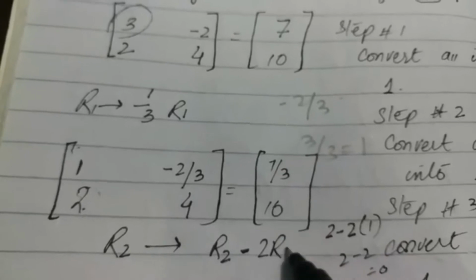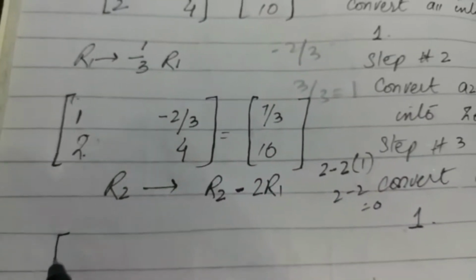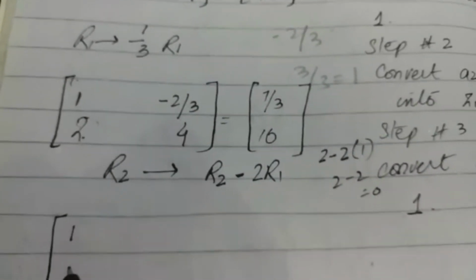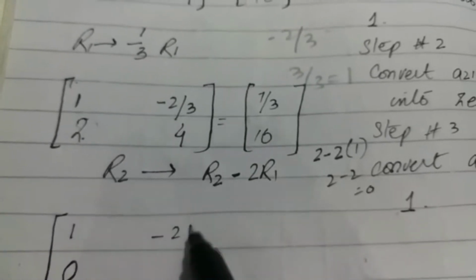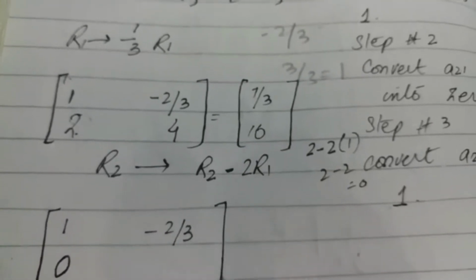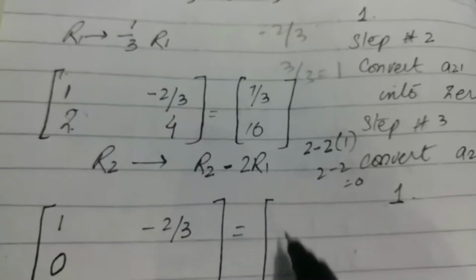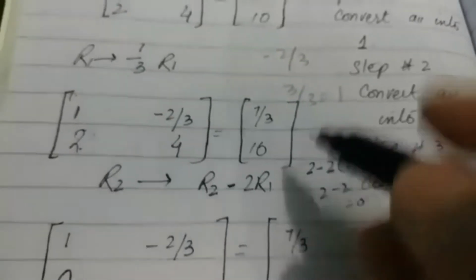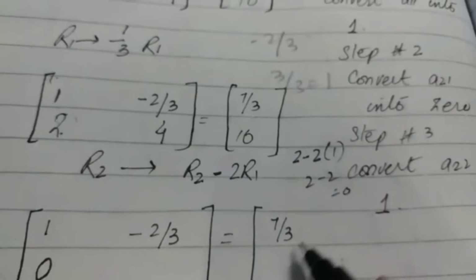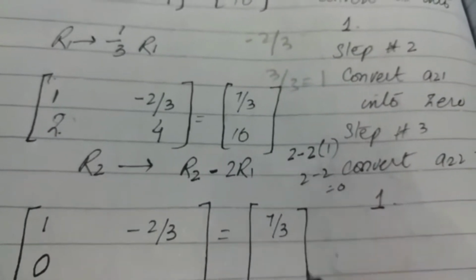So 2 into R1, I have written here 1 and it is converted into 0. Minus 2 upon 3 is the same, 7 upon 3 is the same, and that is 10.